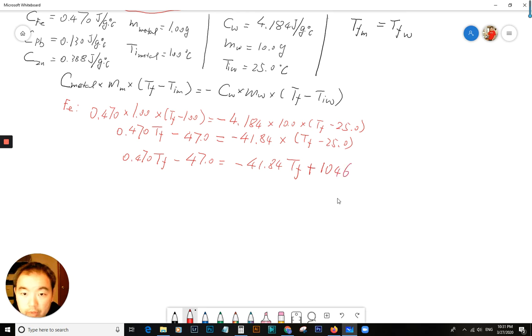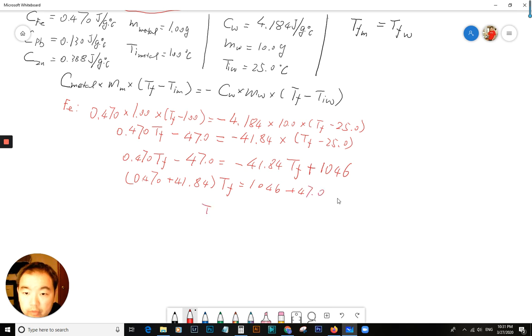Okay, positive 1046. And then we move the unknown to the left side and put the numbers on the right side, which is 0.470 plus 41.84 T final equal to 1046 plus 47.0.